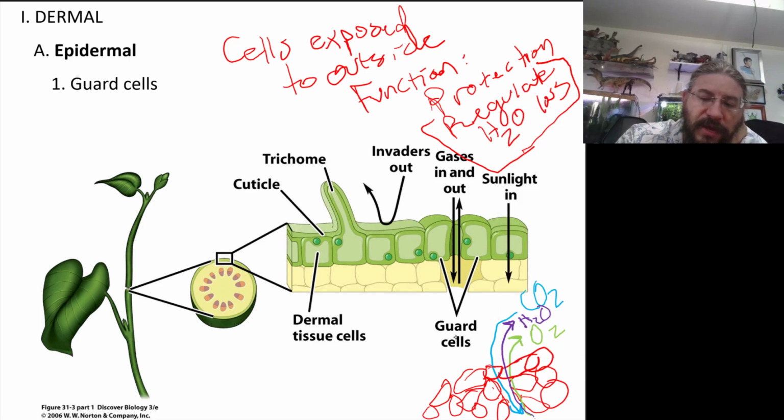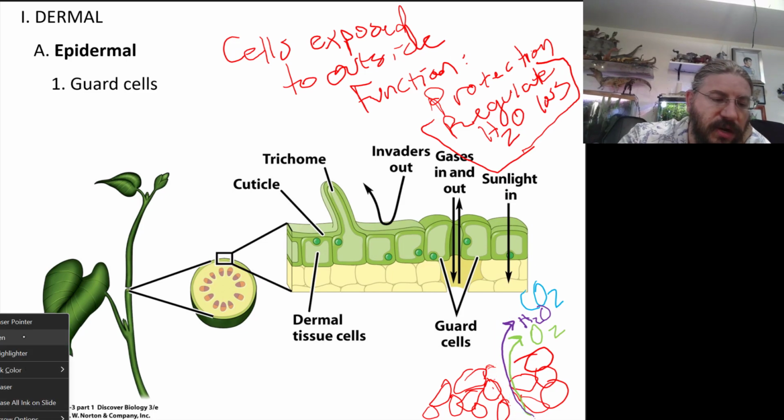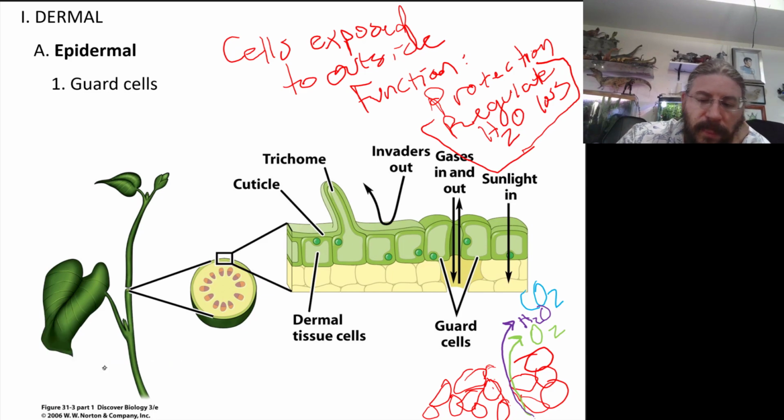Right? So, when your stomata are open, you have water loss occurring. And that's not great. You might have heard that plants require water. And that is indeed true.